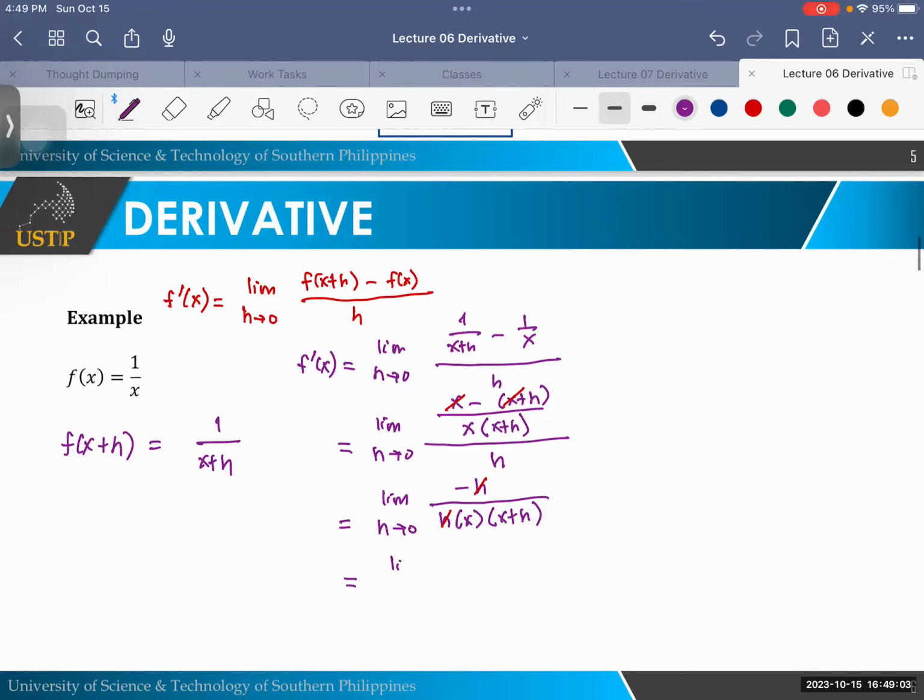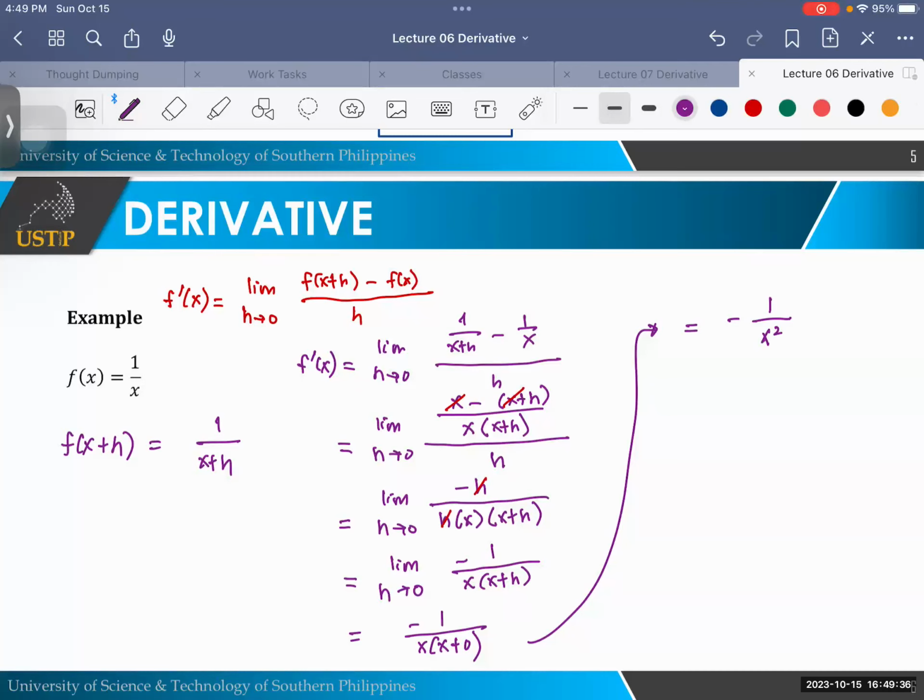So, you will have the limit of negative 1 over x times x plus h as h approaches 0. So, let's substitute 0 for h. That will become negative 1 over x times x plus 0, and that is negative 1 over x squared.